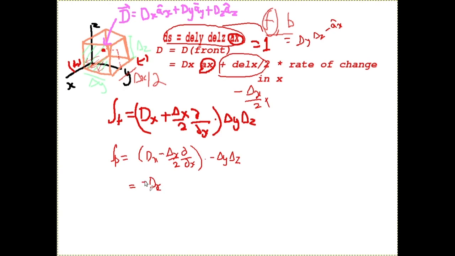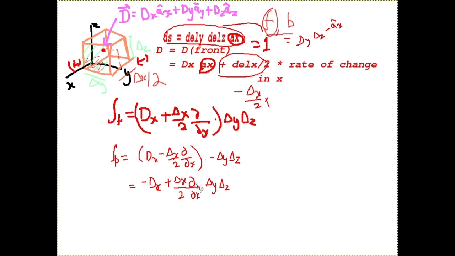Dx, delta x by 2, so ∂Dx by ∂x, delta y and delta z.